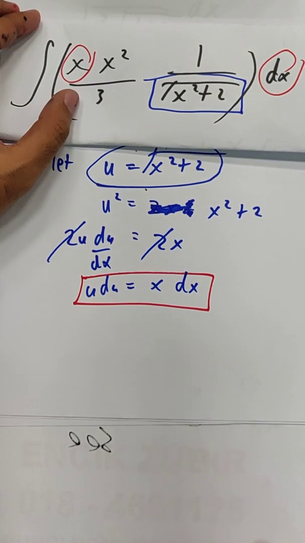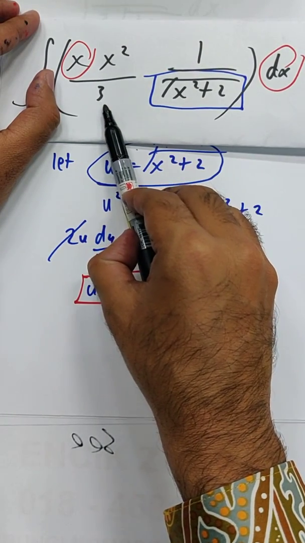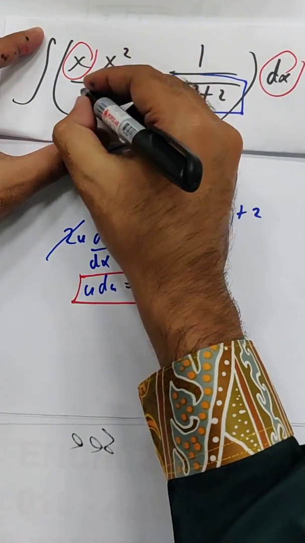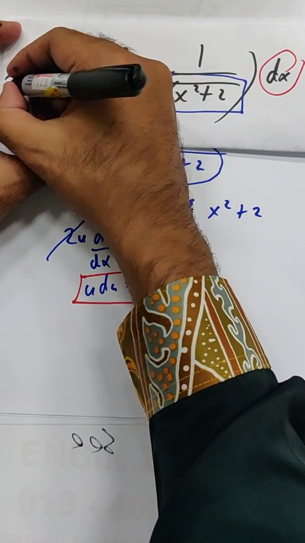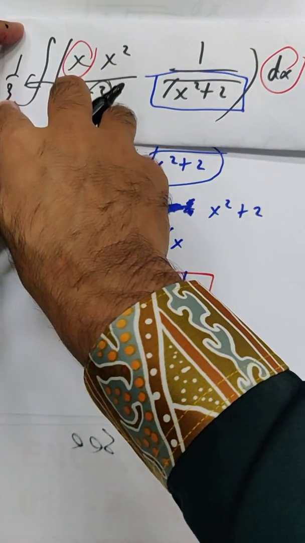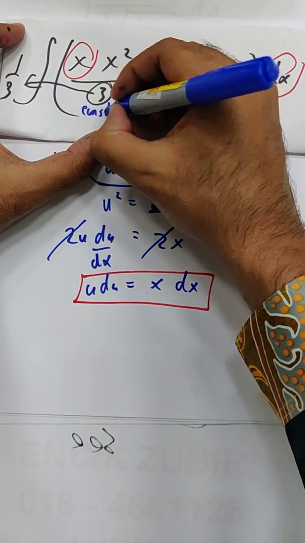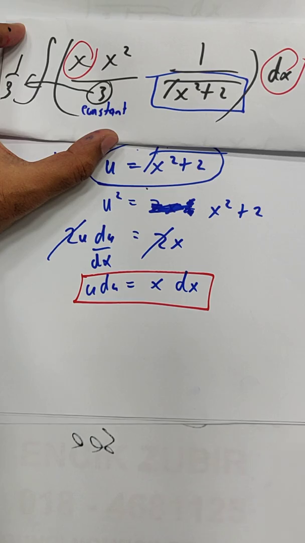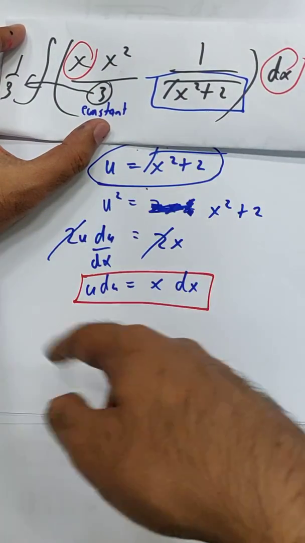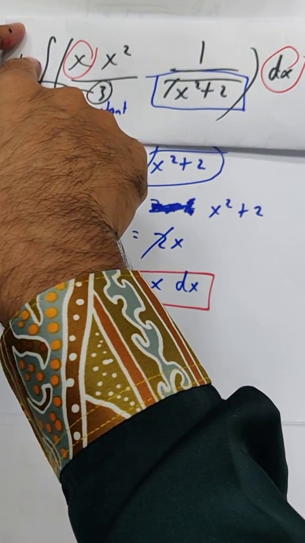Are you fine? Okay. What can I do with this 3? There's nothing here. 3 is a constant, so it's okay. Move it outside, 1 over 3. Why can I take the 3 out? 3 is a constant. Not a problem. X squared, can I replace with anything? Can I take my x squared out like my 3?